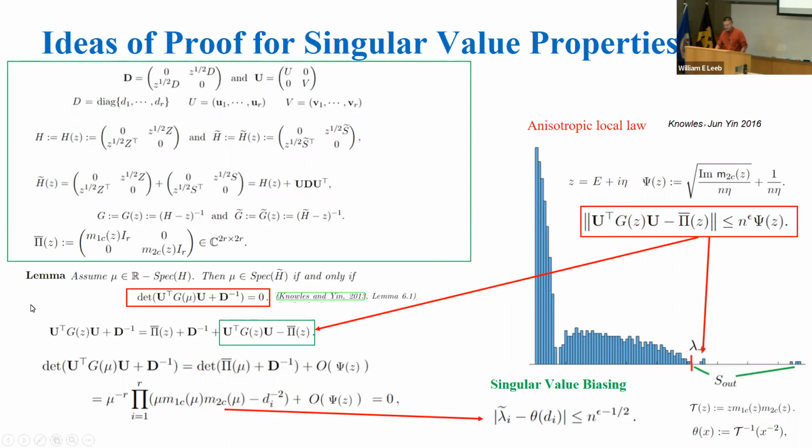We calculate the determinant of the left-hand side and the right-hand side. Then we have a determinant with this order, controlled by the anisotropic local law. So the eigenvalue should make this determinant equal to 0. We apply this idea and this property to decide the location of the eigenvalue and its convergence rate by the anisotropic local law.